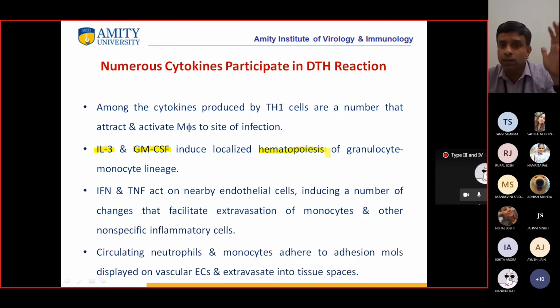Okay, because उस time पे you need macrophages. So there is a need to start this mechanism, hematopoiesis, and because hematopoiesis starts, it will start producing cells of the monocyte lineage, which will ultimately form macrophages, right? So this is very important, because हमें macrophage चाहिए, and the immune system starts making macrophages.